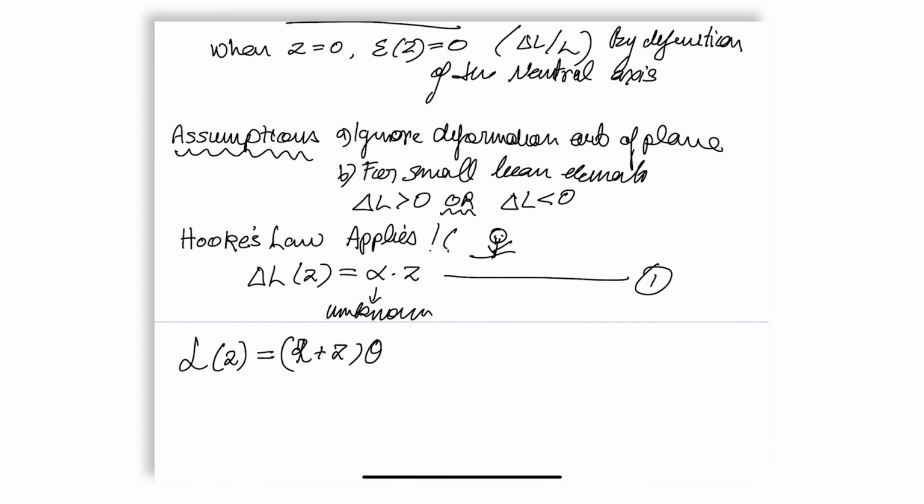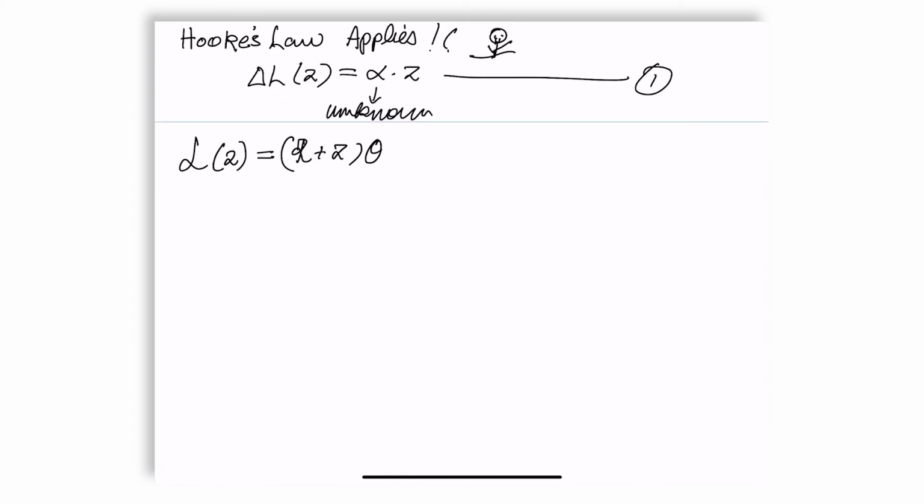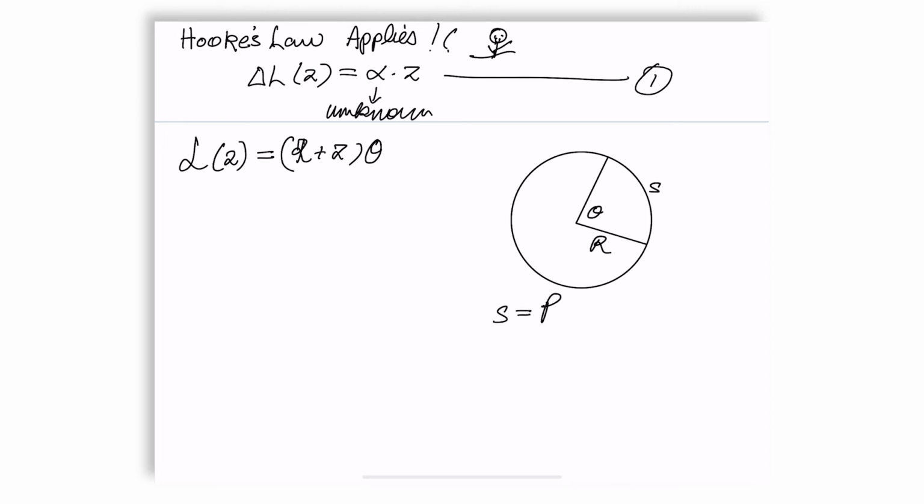And this is from the simple principle that for a circle, with theta as the angle and r as the radius, the relationship between the arc S and the radius is r times theta.